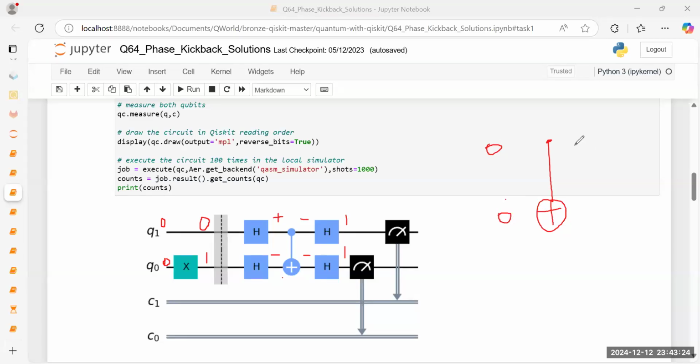So here, okay, it will still stay 0, 0. But if here we have a 1.